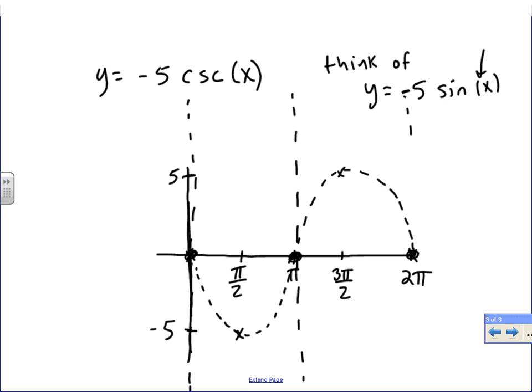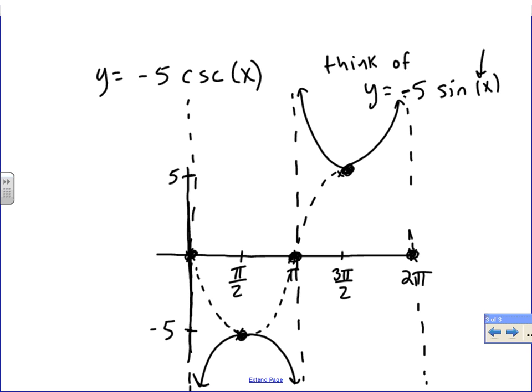Now, all we have to do to get cosecant is start from those min and max points there and chase the asymptotes. Okay, now I'm going to go back and erase my sine. Okay, so now I have my graph for cosecant.